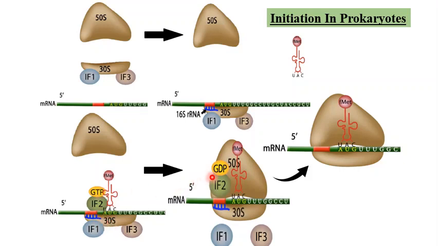GTP will get hydrolyzed into GDP and inorganic phosphate, and this is going to leave the ribosome. The three initiation factors will get detached from the ribosome, and at the end of this process you have the larger subunit binding with the smaller subunit, forming a complete 70S ribosome. So at the end you have the initiator tRNA attached to the start codon AUG at the P site, and this initiation complex consists of mRNA with the initiator tRNA attached at the P site.